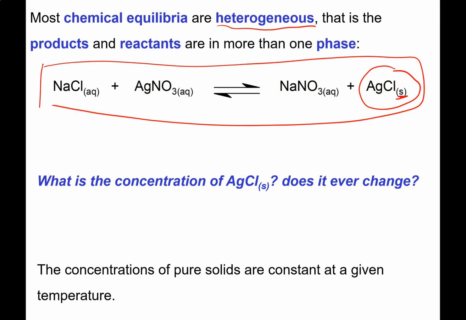Now, something that's worth thinking about is, what is the concentration of solid silver chloride? And what you realize when you think about the concentration of a solid, remembering that concentration is just moles per unit volume, you realize very quickly that this, for a solid, is always a constant.